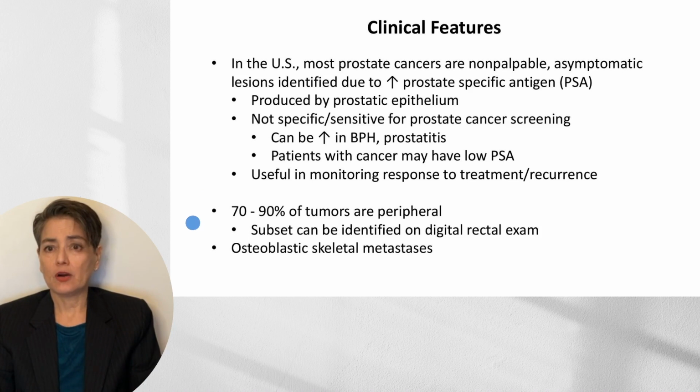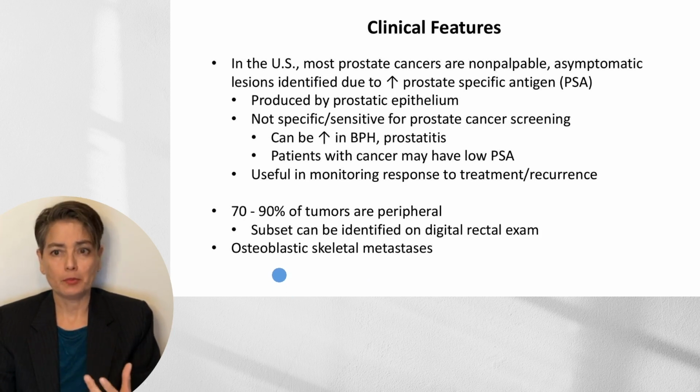So finally, regarding the tumors themselves, as I mentioned, about 70 to 90% are peripheral, and a subset of those can be identified on digital rectal exam. Another important feature about prostate cancer is that, as I mentioned before, it tends to metastasize to the skeleton, and these metastases are bone-forming, or osteoblastic.